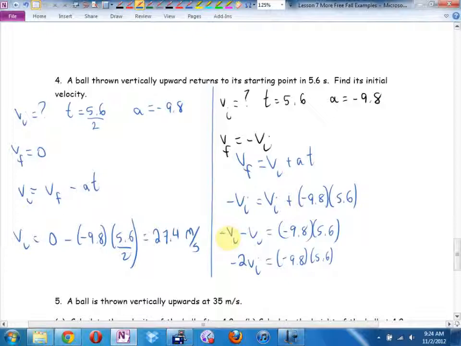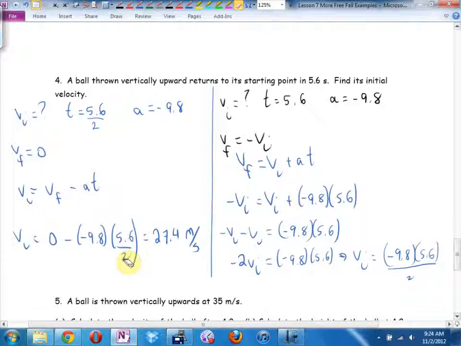In fact, you're going to get VI equals negative 9.8 times 5.6 over 2. You're going to get a negative 9.8 on the top, just like here, a 5.6 on the top, just like here, and a 2 on the bottom, just like here. It's actually the same thing, same thing in disguise.